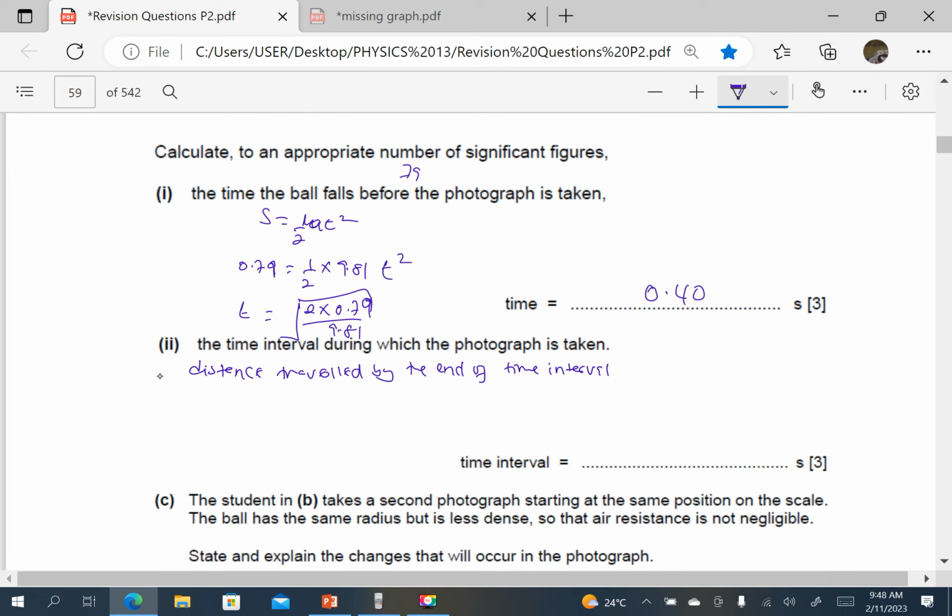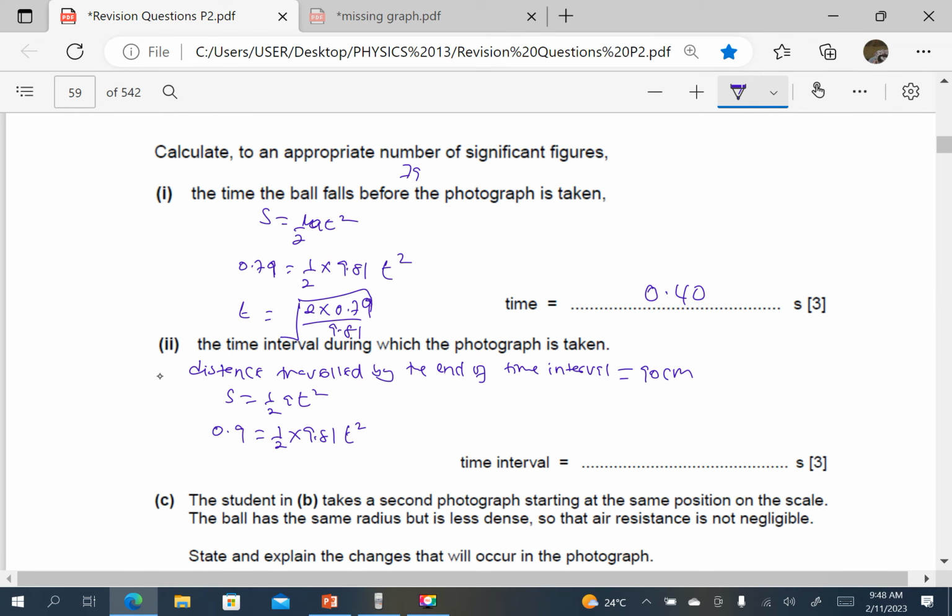The distance traveled by the end of the time interval will be now at 90 centimeters. So we can find the time it reaches 90 centimeters using the same formula above. S is equal to a half a t squared. So 0.9 is equal to a half times acceleration, which is 9.81, then times t squared.